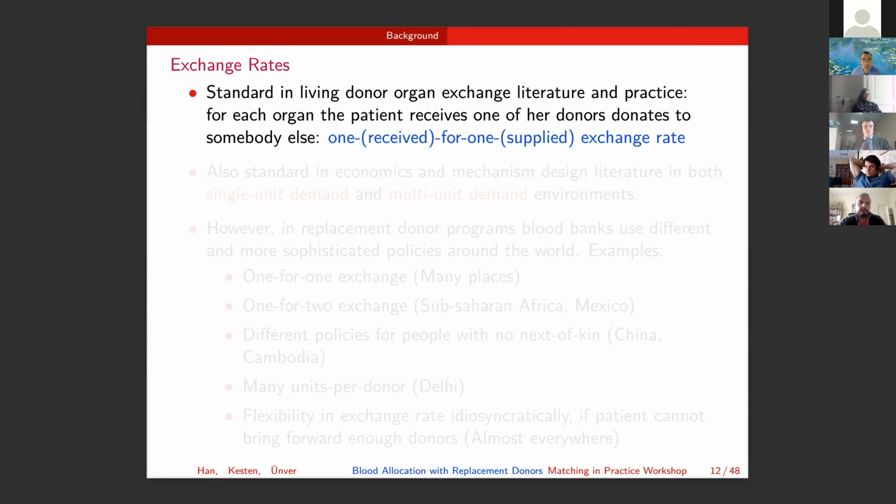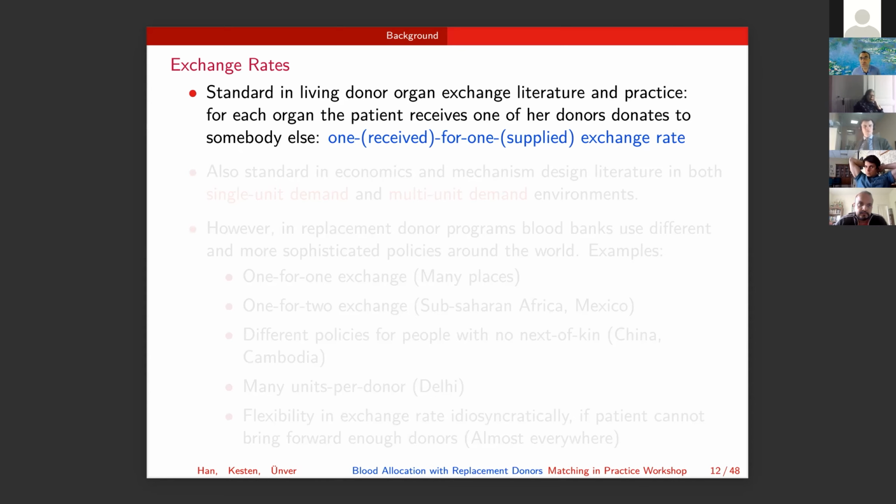So in the literature that I've been involved in of organ donation, for example, for a patient, we've always talked about you receive one donor organ and you donate one in return, right? That's kind of the idea.